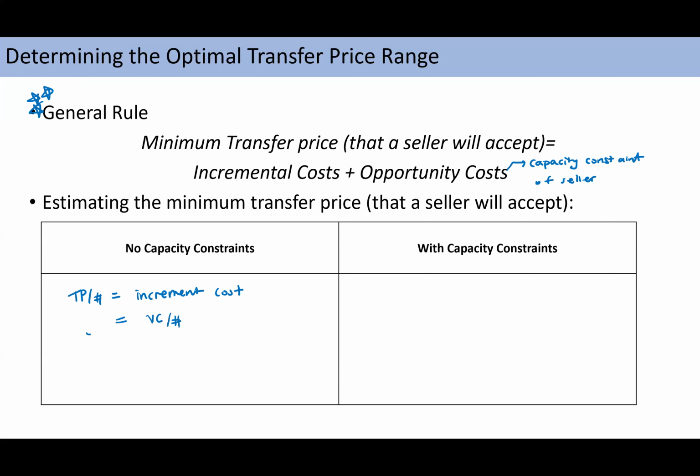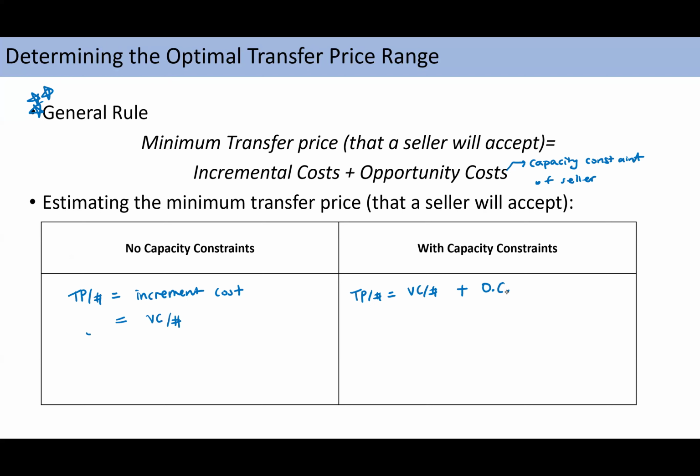Now let's look at a case where there are capacity constraints. So you can imagine the seller has a capacity of 100 units, and they're using up all that 100 units to supplying their products to an external buyer. In this case, the transfer price per unit is the incremental cost per unit, which is variable cost per unit, plus the opportunity cost.